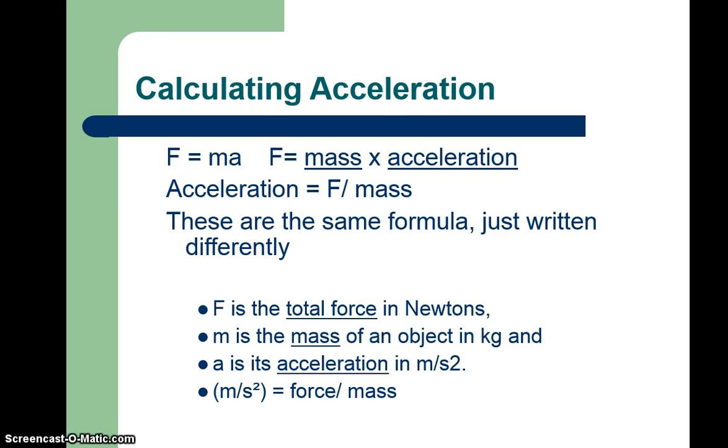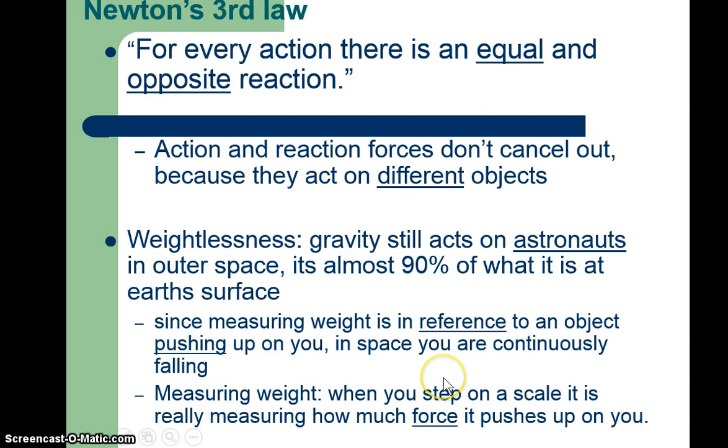M stands for mass of the object, and that is in kilograms. And acceleration is measured in meters per second squared. And it's going to be important when you do acceleration calculations. Make sure you check your units and make sure that you're using newtons and kilograms and meters per second squared.